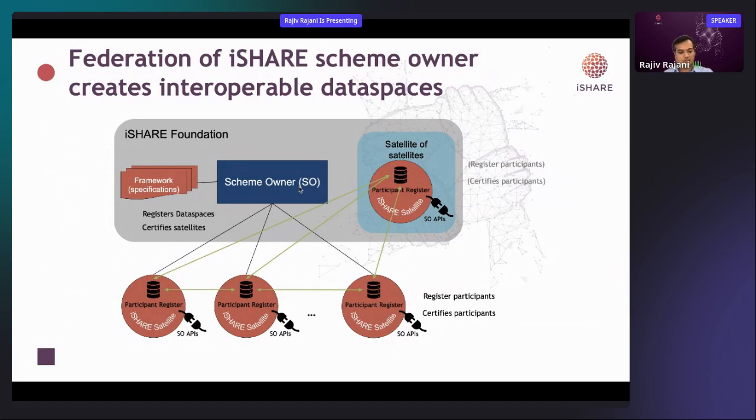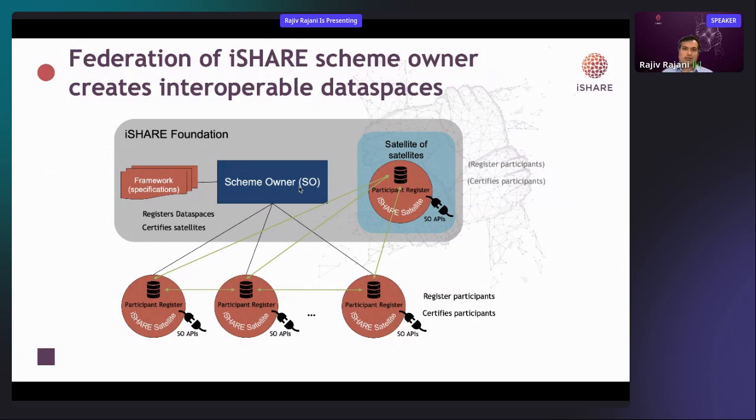Because a satellite is the trust anchor of a data space, you need to register a data space and the satellite who is the trust anchor within the data space. Once that satellite is registered by the Foundation, the satellite organization just implements the node in the ledger, and then it can operate as a satellite which starts registering participants for that data space.